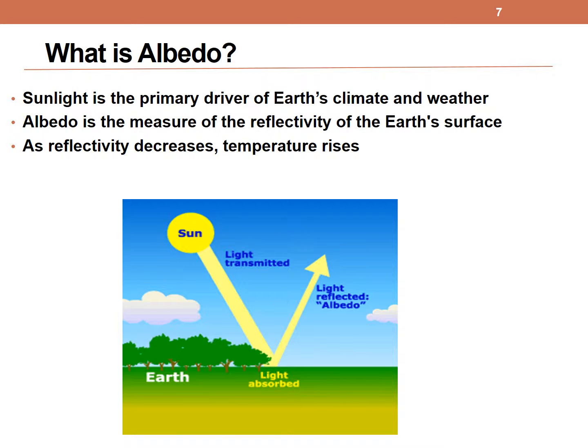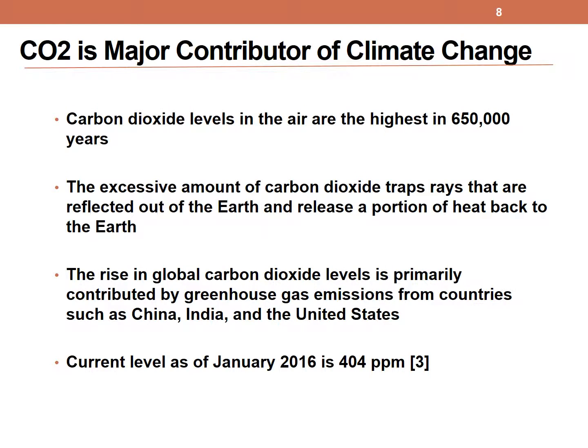What's important to note is that there are some factors that affect the reflectivity of the Earth's surface, and this includes carbon dioxide. CO2 is majorly contributing to climate change, and the levels in the air are the highest in the past 650,000 years. The excessive amount of carbon dioxide traps rays that are reflected out of the Earth and releases a portion of the heat back to the Earth.